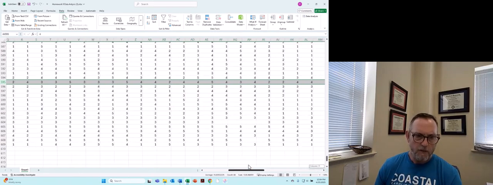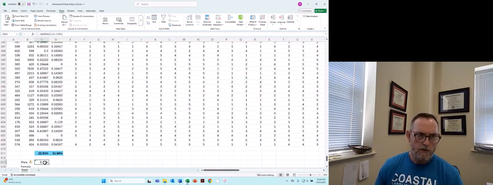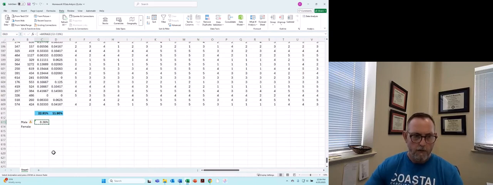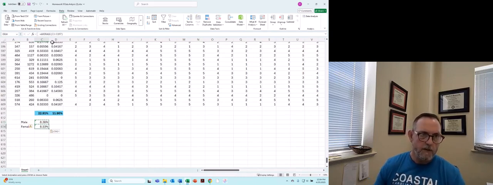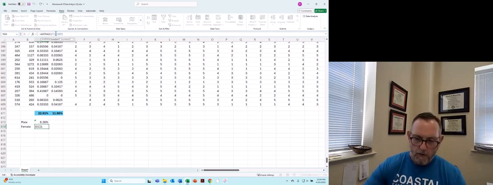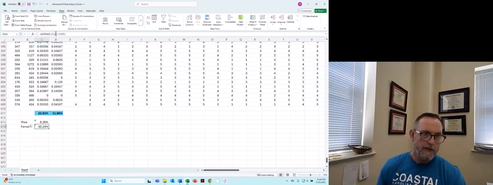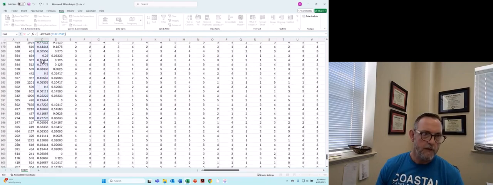But 595 is where we're going to go to, and so we're just going to do another average. This one's going to be 197 to 595, right? And we can again confirm that that's where the data range is.